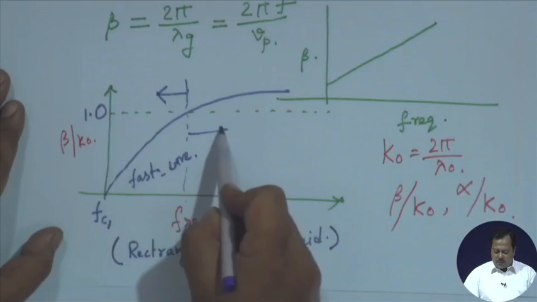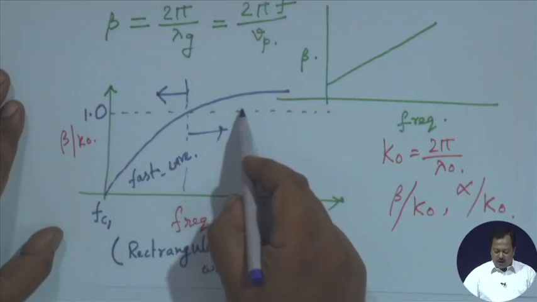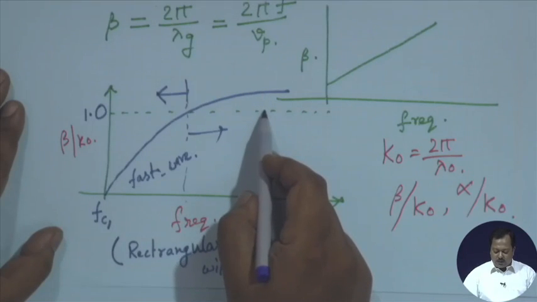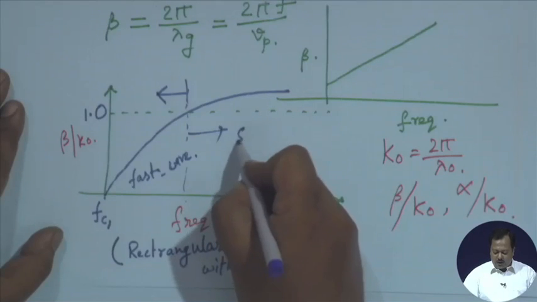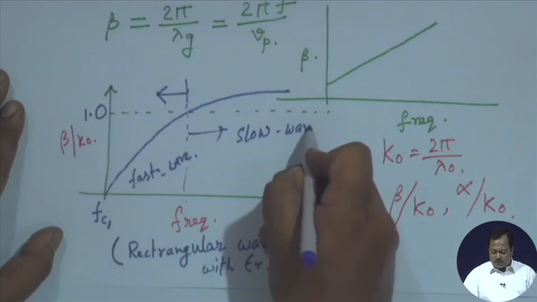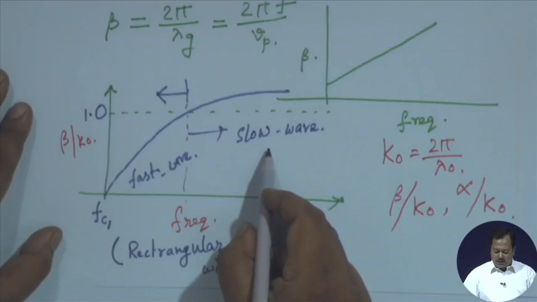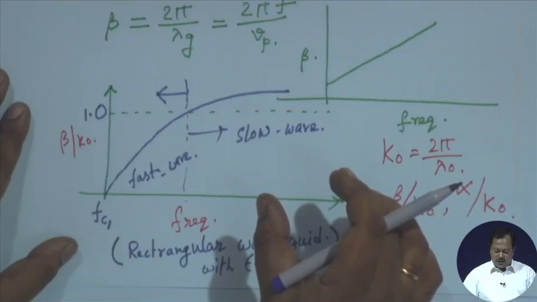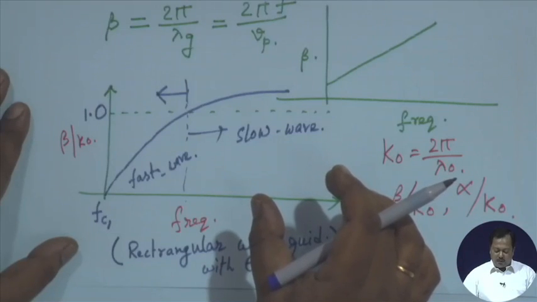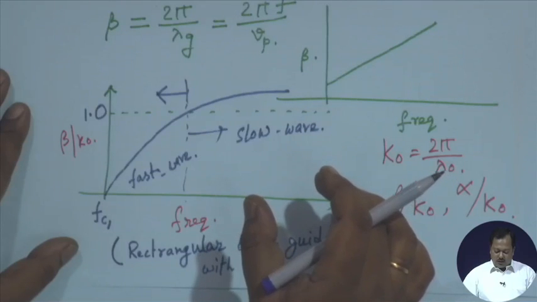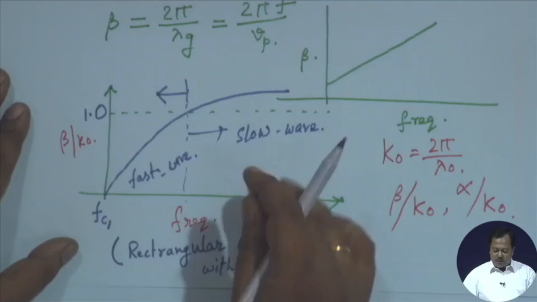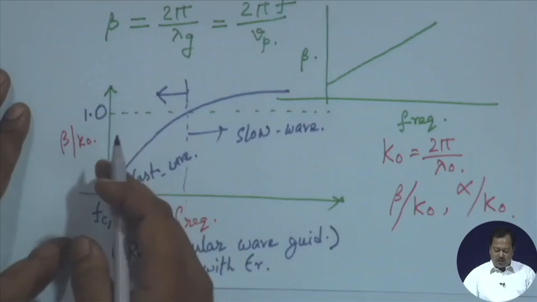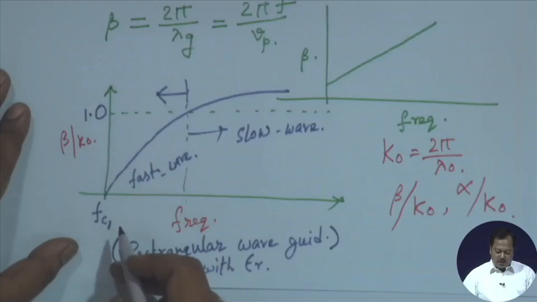The right hand side part, for which beta by k naught is more than 1 or phase velocity is less than c, we call the slow wave region. So, in this region my lambda g is smaller compared to lambda naught. So, component miniaturization is possible for the right hand side, while for the left hand side we can design a leaky wave antenna very easily.